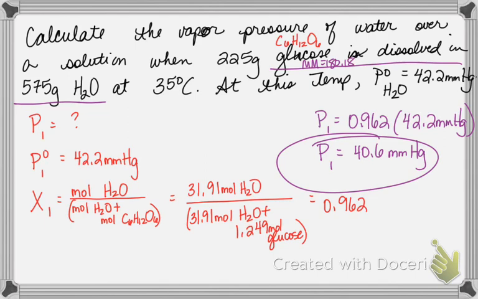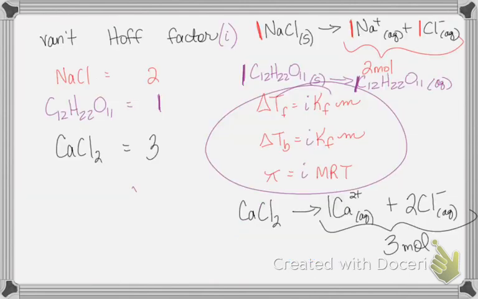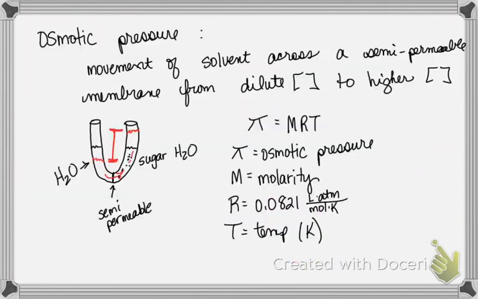Okay. Some other stuff I was going to say, as we were doing osmotic pressure, there's a section in your book that talks about intravenous fluids, and you can kind of see that with physiological saline. Y'all, when you're given an IV, it's important that the IV solution is isotonic with the blood, okay? Same concentration solution. You've heard the terms hypertonic and hypotonic.